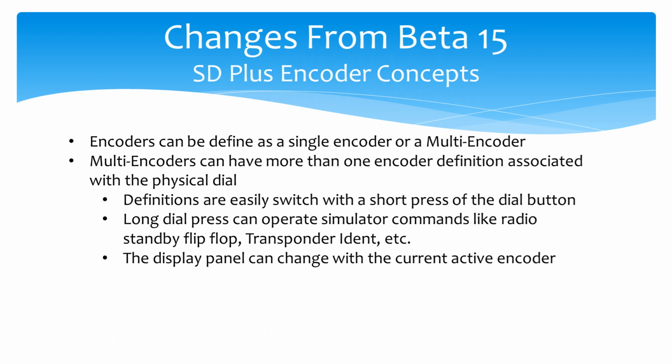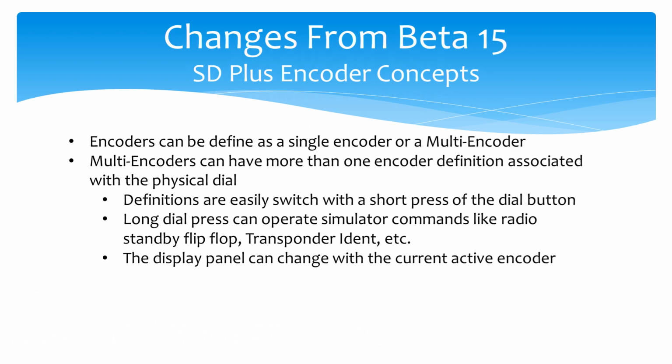But beyond defining just a dual encoder, X-KeyPad lets you actually put multiple encoders on there. Like you could have 5, 6, 7, 8 encoders all on the one dial. Where you might want to use something like that is for basically doubling up on an encoder where maybe primarily you use it to change the heading, but with a real quick click you'd like to change it to changing maybe the directional gyro on the Cessna 172.